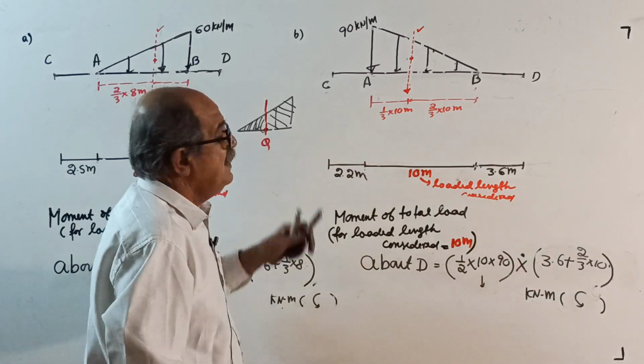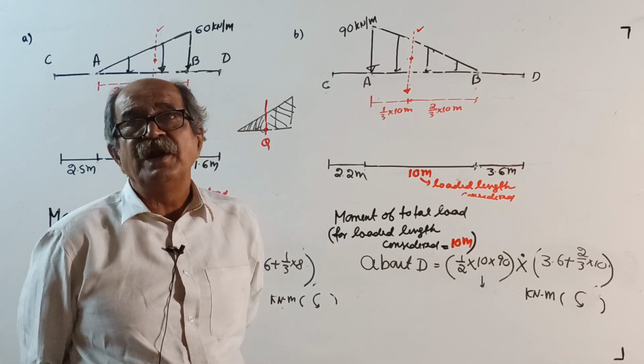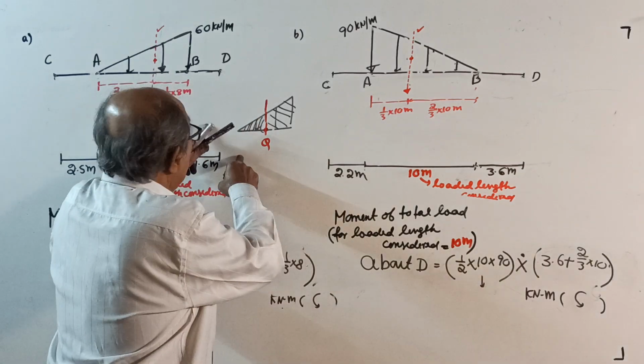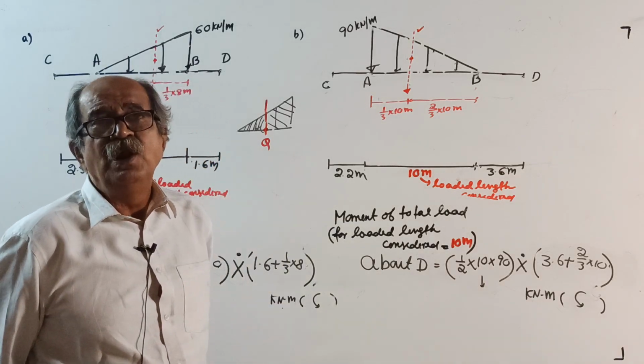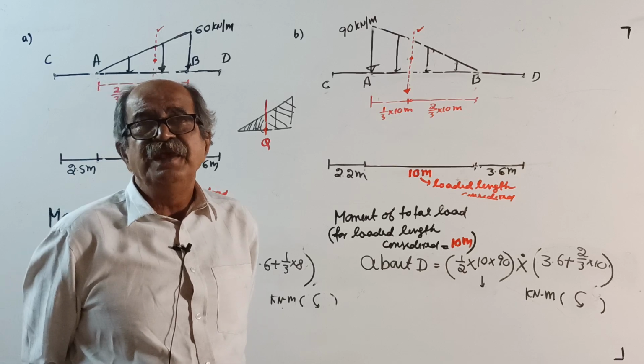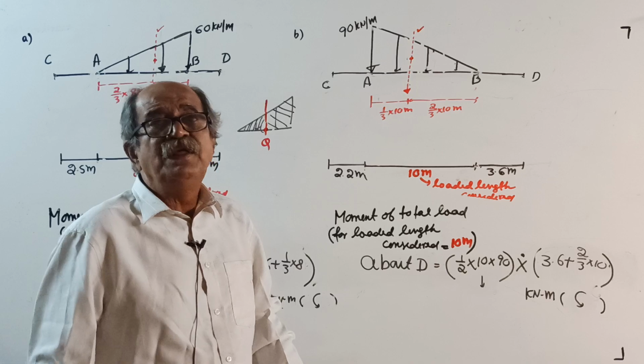But if you look right side, you get a trapezium. Still trapezium we are not covered. Therefore, this special part of finding total load and moment concerning any one side, I will tell by example after everything is over.